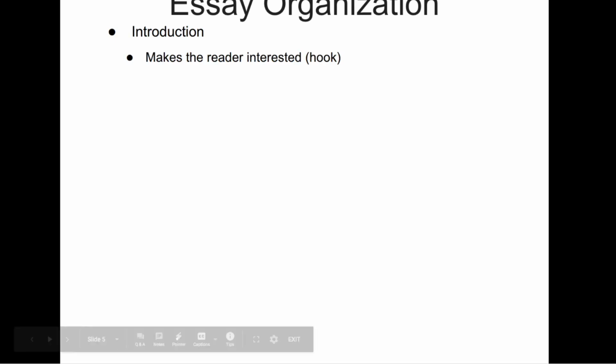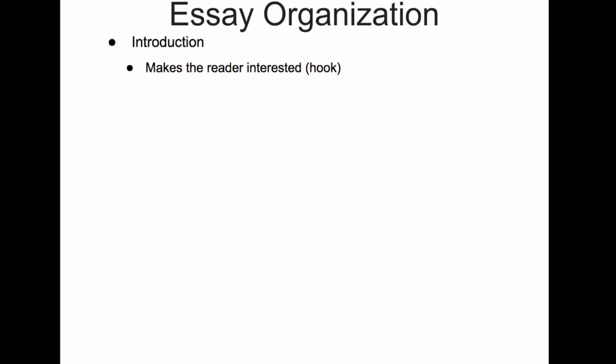So as discussed in a previous video, with our introduction, the very first sentence is a hook. The hook is to grab your reader's attention and to keep them interested.